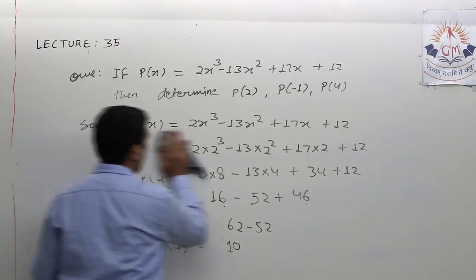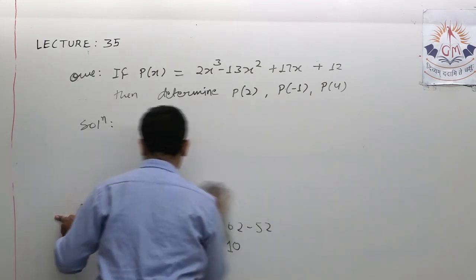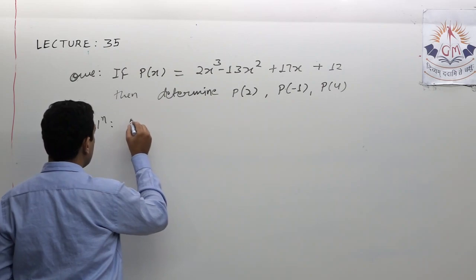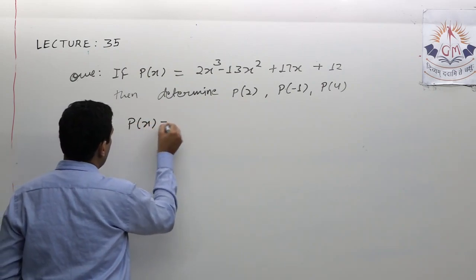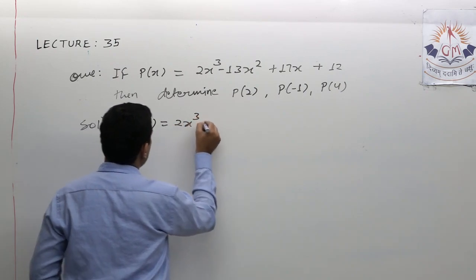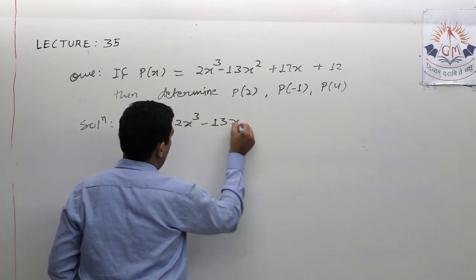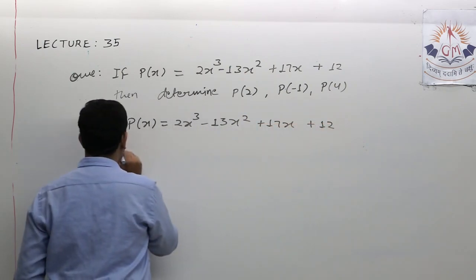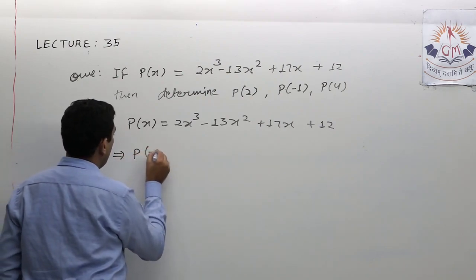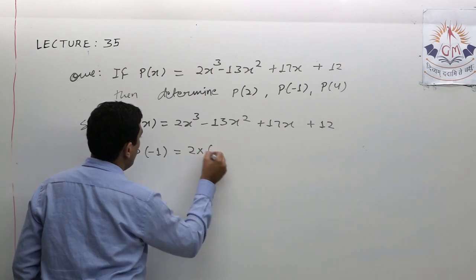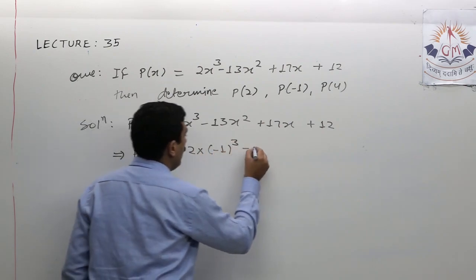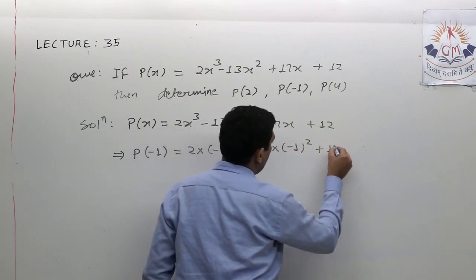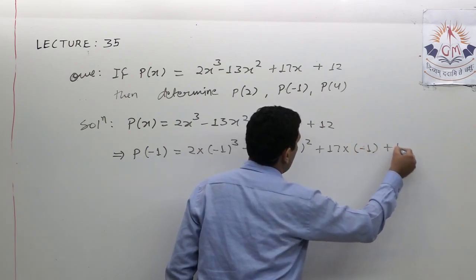Okay, now we'll see p of minus 1. p of x is equal to 2x cube minus 13x square plus 17x plus 12. So p of minus 1 is equal to 2 into minus 1 cube minus 13 into minus 1 square plus 17 into minus 1 plus 12.